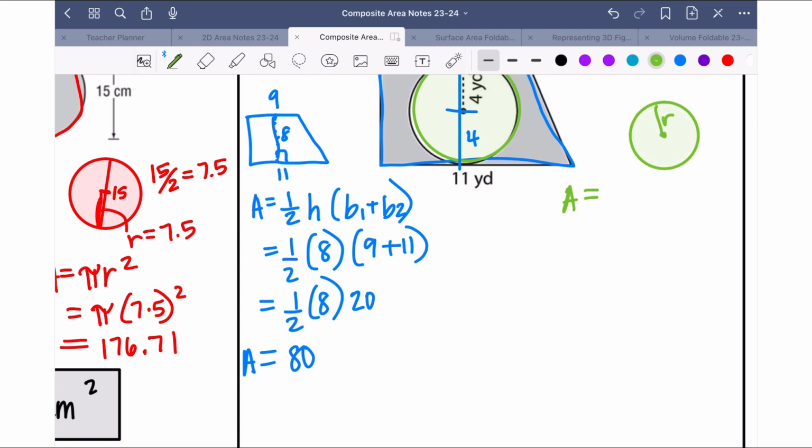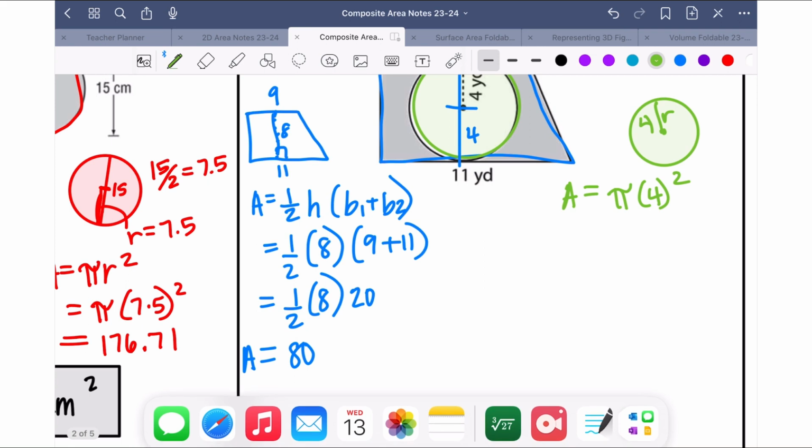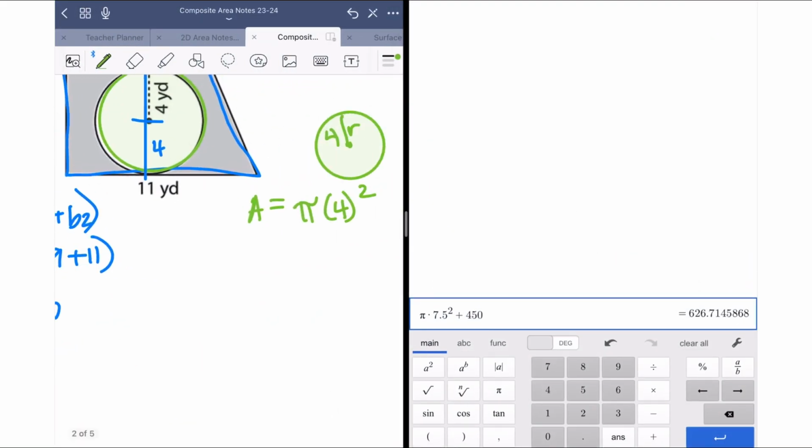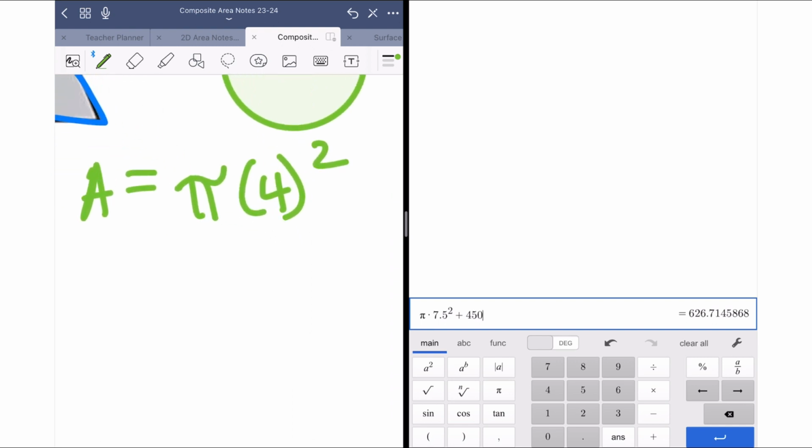The radius is 4. So pi times 4 squared. Let's go to decimals. Pi times 4 squared.